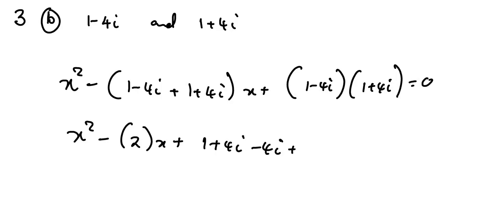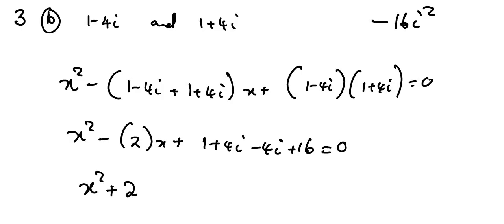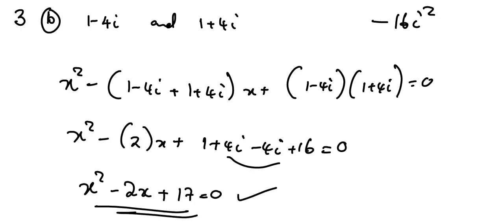Then this is just going to be a plus 16, because i squared is going to give us a negative 1, right? So to create this, this is x squared, then plus your minus your 2x. So this is minus 2x. Then this side, if you add all the real things, so this goes away, you just get a 17 is equal to 0. So this is the quadratic whose roots are 1 minus 4i and 1 plus 4i.